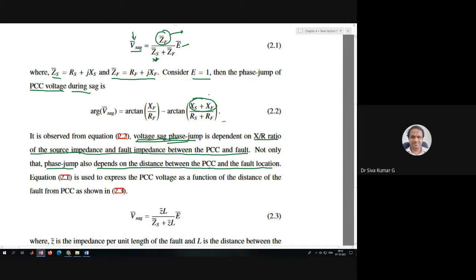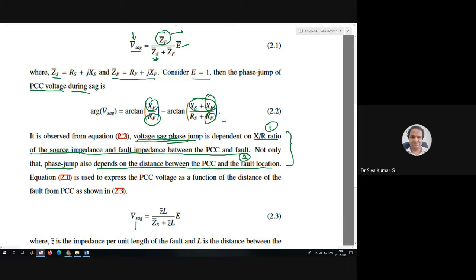Phase jump is dependent on the X by R ratio of the system impedance and the fault impedance, and also on the distance between the PCC and the fault location. These are two very important points. One is the X by R ratio, the other one is the fault location from the PCC.